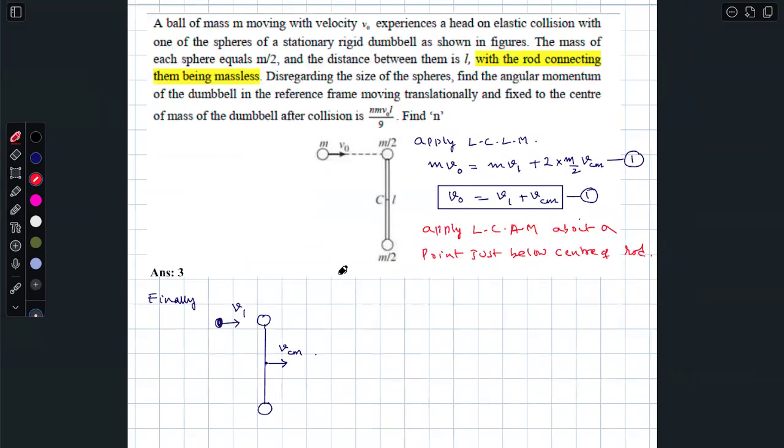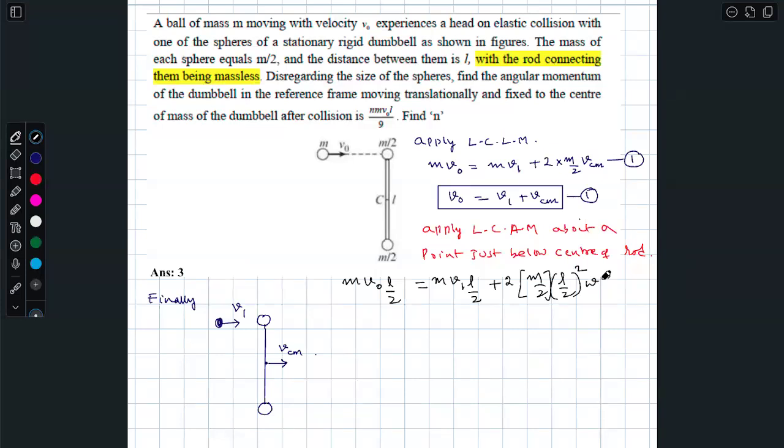So therefore, initially, what is the angular momentum? Initially, the angular momentum is m v0 L by 2. Finally, it is m v1 L by 2 plus 2 times m by 2 times L by 2 whole squared, moment of inertia, times omega. Why am I not writing another term?